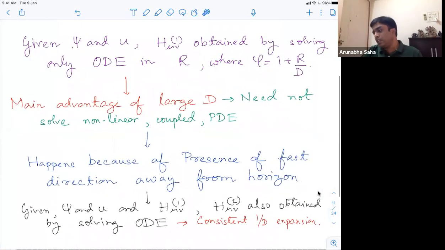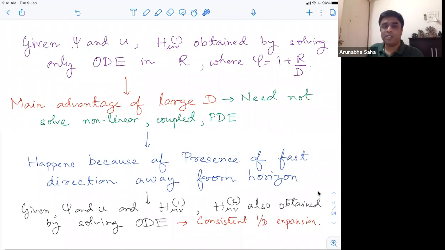The point is that given any function psi and mu, these corrections are obtained by only solving an ordinary differential equation in this variable r, where this psi function can be written in terms of this r function. So this is the main advantage of the large D. If you forget everything else, the main advantage of large D is that we need not solve for nonlinear coupled partial differential equations, which is what gravity equations are, and which we don't in general know how to solve.